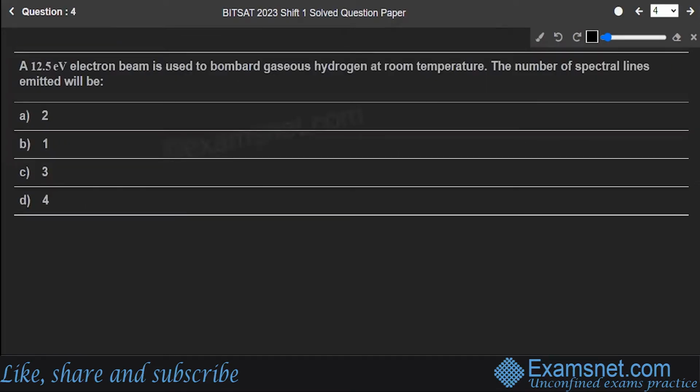If a 12.5 electron volt electron beam is used to bombard gaseous hydrogen at room temperature, the number of spectral lines emitted will be.